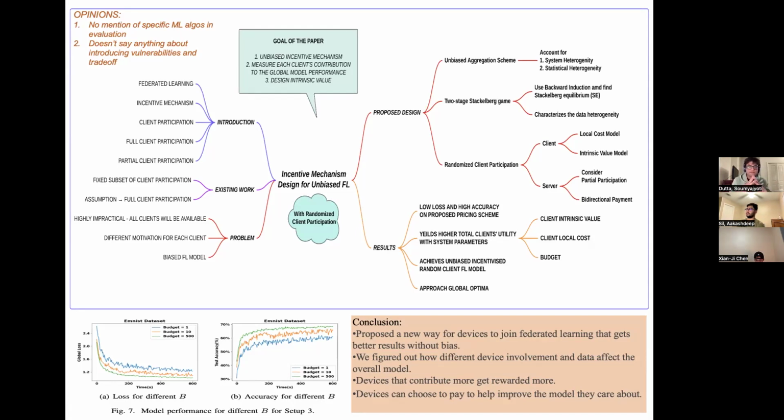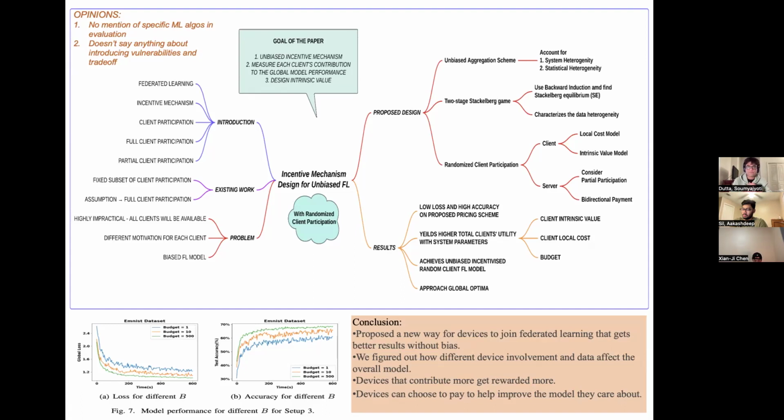So to know more about all of this approach, we should understand full client participation and partial client participation. Full client participation is when all of the clients take part in the global training objective, and partial client participation is when a subset of clients participate in the global training objective. With the existing solution, we always produced a fixed subset of clients, and these clients are always the same throughout the entire time of the training.